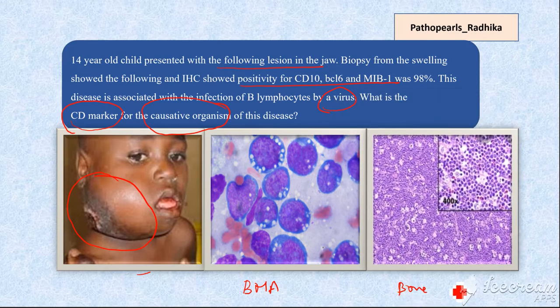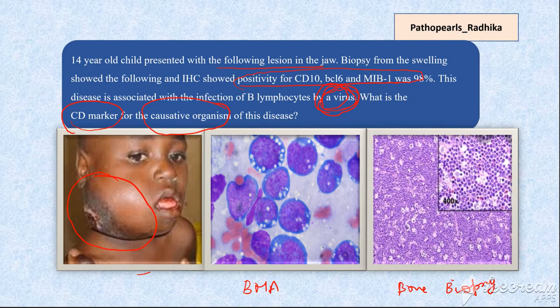So they have given the IHC finding as well. So the IHC is showing positivity for CD10, BCL6, and MIB1 was very high. That's a proliferative index. And they've given a clue that this particular tumor is associated with a virus.